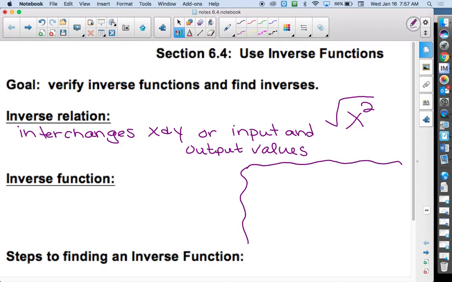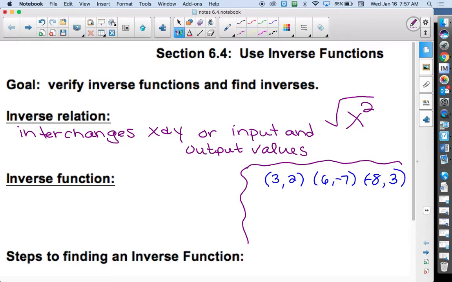And I'm going to show you a little example over here. So if we have a set of ordered pairs, say -8, 3, there we go. So this is a set of ordered pairs. This is called a relation.